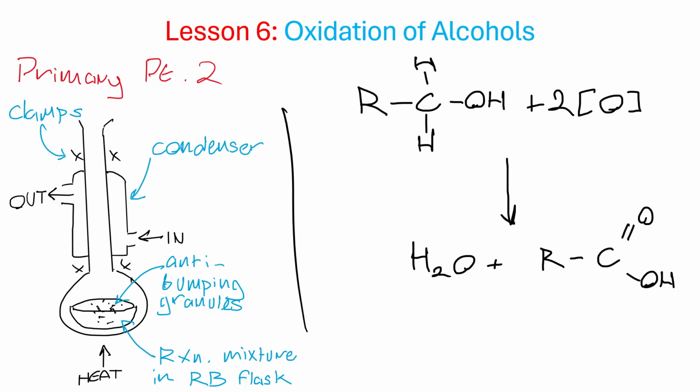In summary, if you're aiming for the aldehyde product, use a distillation setup. If you're aiming for a carboxylic acid product, heat under reflux with an excess of the oxidizing mixture.